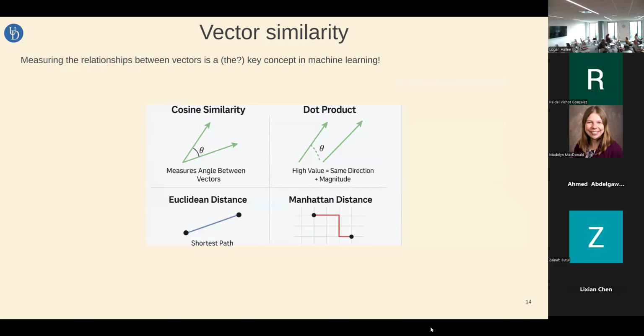Cosine similarity, if we remember, ranges from -1 to 1. If two vectors are at the same angle with respect to the origin, they will have a cosine similarity of 1, because the angle between them is 0 and the value of cosine at 0 is 1.